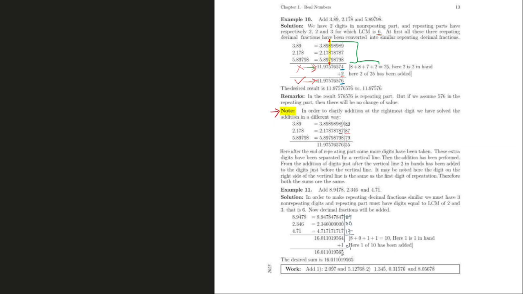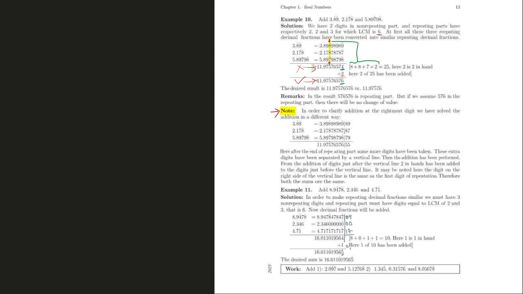The last 2 digits is... pardon, no, it's not the last 2 digits. Let me see. Here, after the end of the repeating part, some more digits have been taken. Sorry, so it's not the last 2 digits. If this were written, even after the 6th digit, it would come as 89.